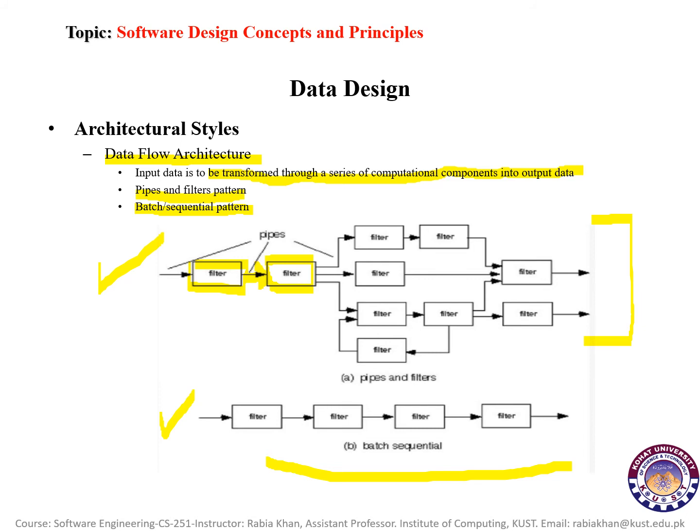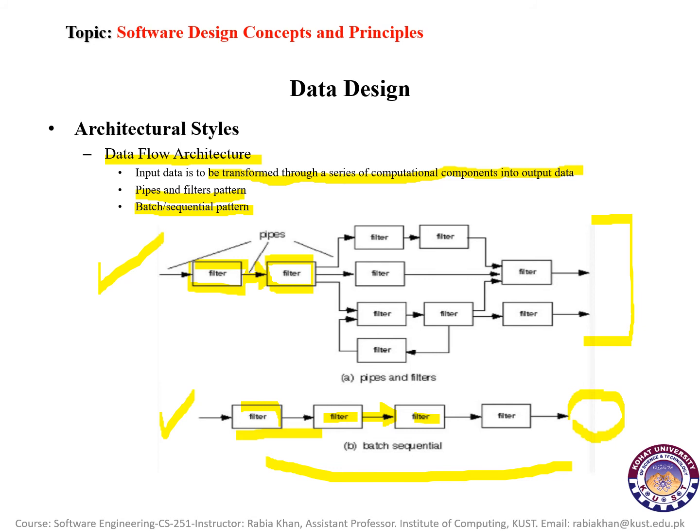Here again you can see the filters in a sequence, and the arrows are the pipes. Input goes from one filter to another, changes the form of the input, and ultimately an output is generated. This is in sequential fashion. While in pipe and filter, not all the data may move through all the filters.